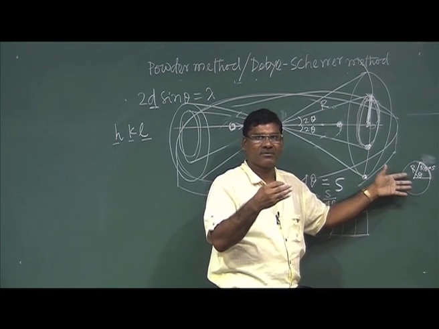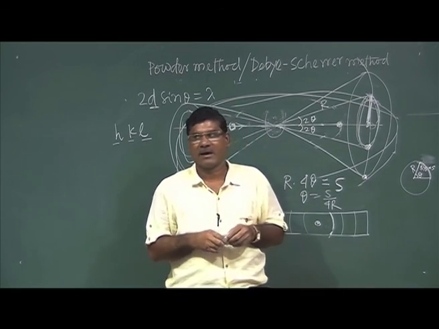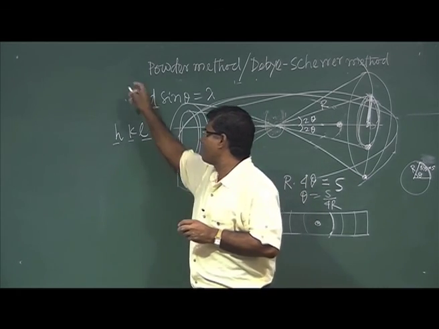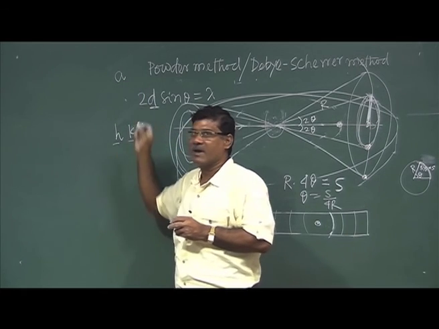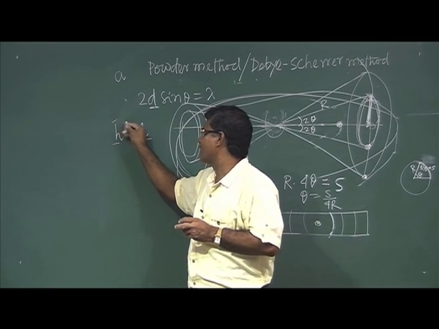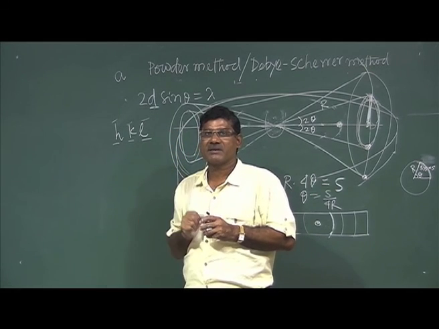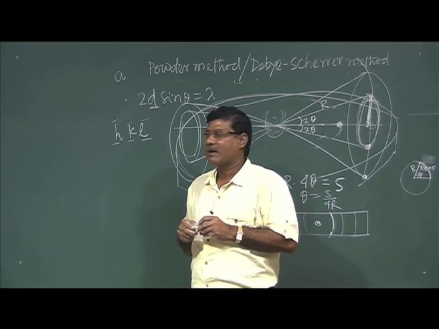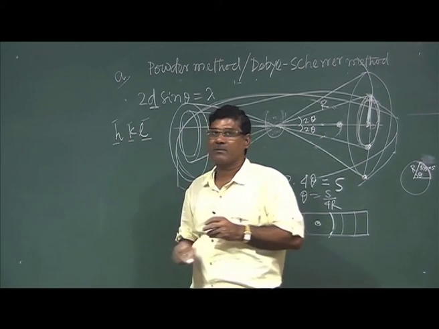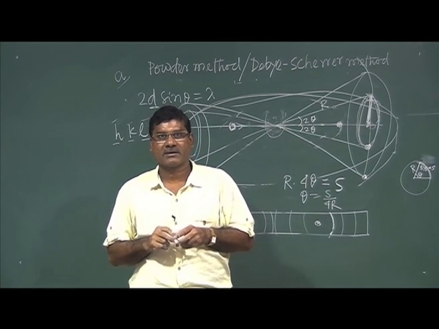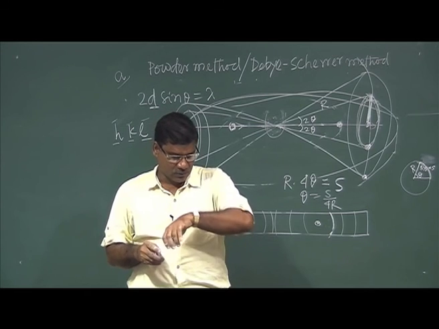If we have a few peaks with the same lattice constant, say cubic a, then one can find the Miller indices of each plane, and ultimately we will find the lattice constant. Okay, we will stop here.